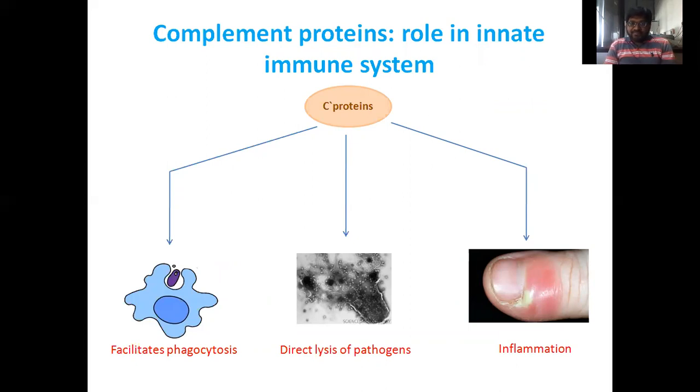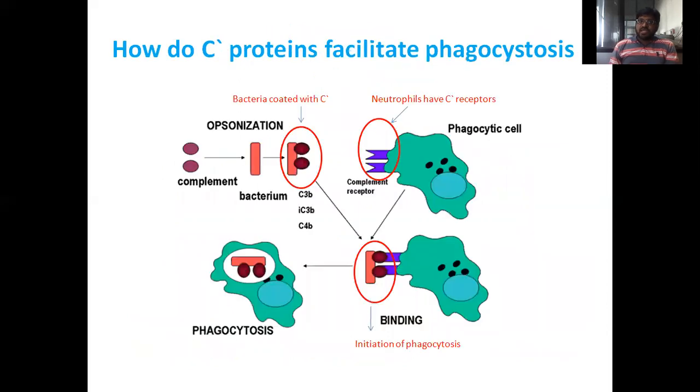You can see these C proteins are able to do three processes. The first one is to facilitate phagocytosis. The second is direct lysis of the pathogen, and the third is inflammation. How do these C proteins facilitate phagocytosis? Normally, bacteria are coated with the C proteins, you can see here C3b, iC3b or C4b.